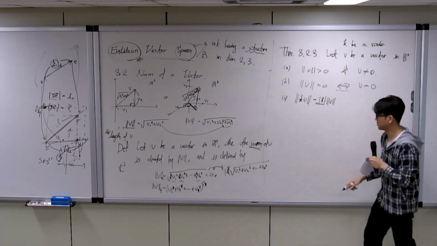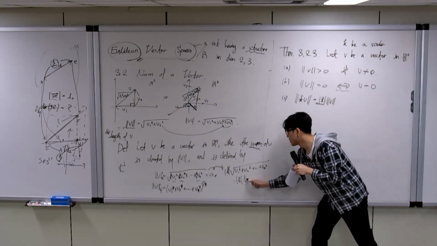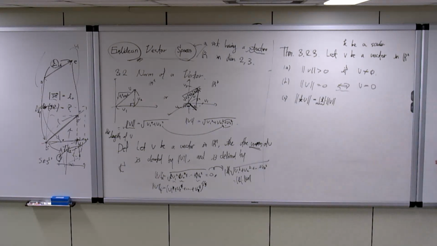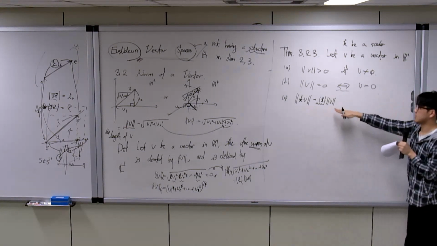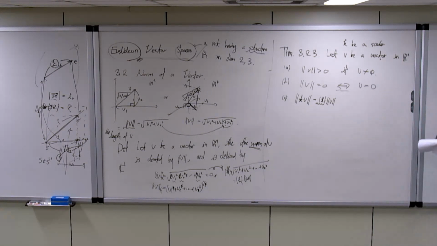That means the norm of v scalar multiplied by k has the absolute value of k multiplying the norm of v.